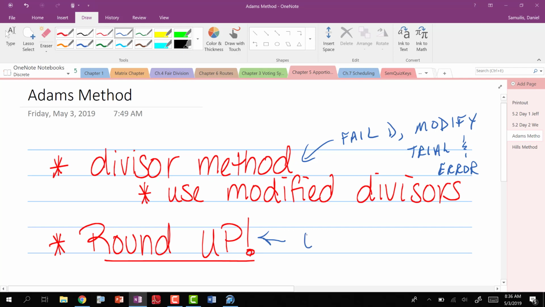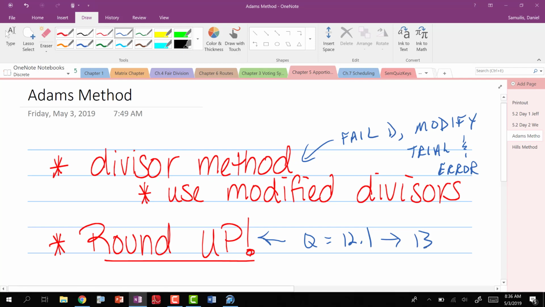So that means if you get a quota that's equal to 12.1, Adams said, let's make that 13 because it went over 12. This is actually mathematically called a greatest integer function, for those that were in high-level math classes. So anytime you get a decimal, you throw it to the next highest number.